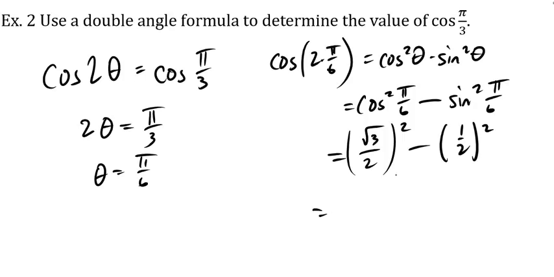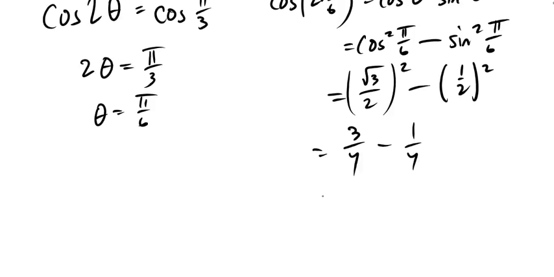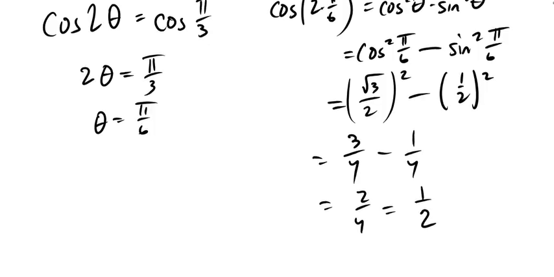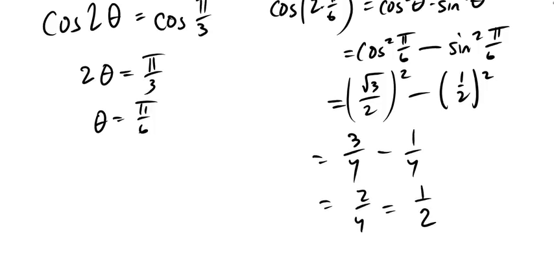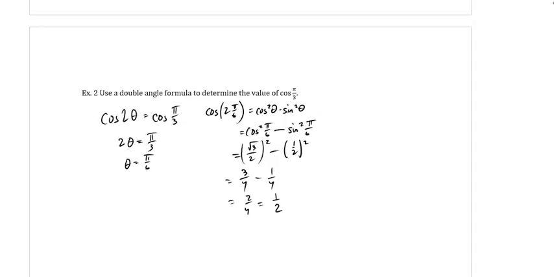So 3 over 2 squared is not 9. Nope, it's 3, sorry, over 4 minus 1 over 4, which is 2 over 4, which is a half, which is cos of pi by 3. Is it not? Yes, it is. Beautiful.